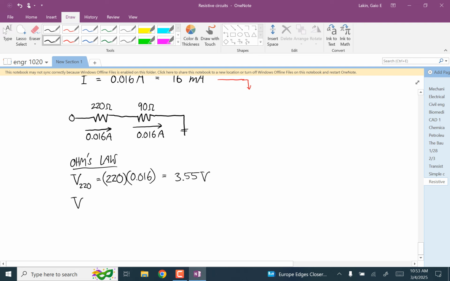And then for the 90, we have the resistance of 90 ohms times the current of 0.016 amps, which is 1.45 volts.